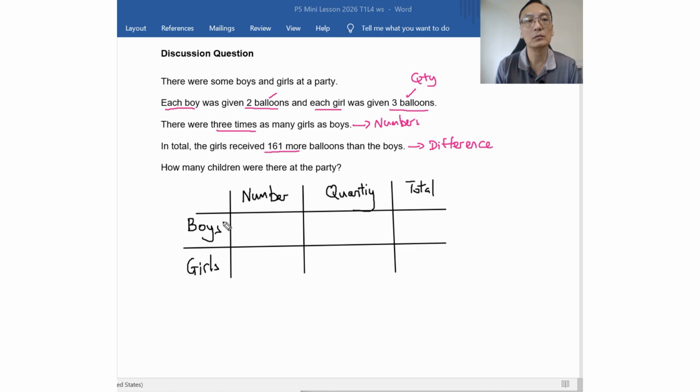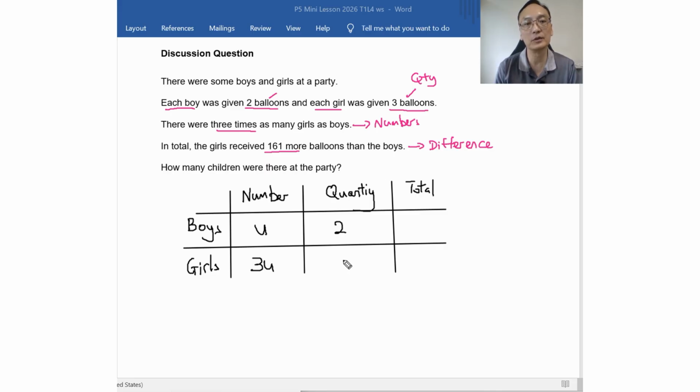Right. So the number, as we know, is from this row. There were 3 times as many girls as boys. That means the number of boys must be 1 unit and the number of girls must be 3 units. Quantity is the number of balloons distributed to the boys and girls. And we know that each boy gets 2 balloons, so we put 2 over here.